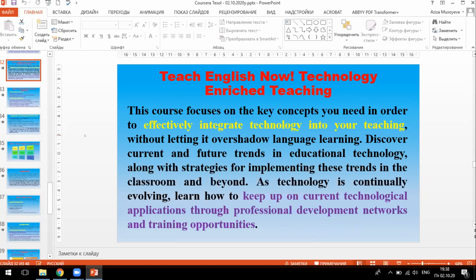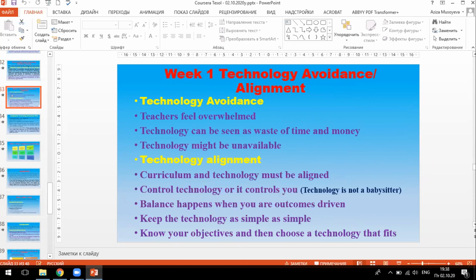It's not our responsibility, but it's our way of how we effectively integrate the technology. Do we bring the technology and then we put the objective, or do we put objectives first and then bring some technology? That's why they talk about how you do it in your teaching.